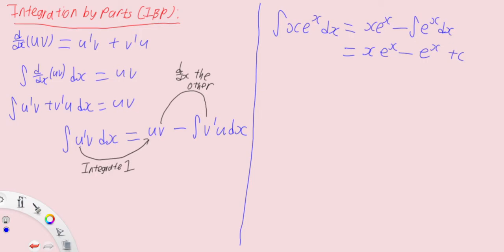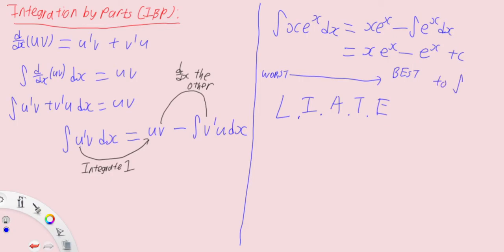Another way of seeing it, which is actually kind of my way, is this acronym called LIATE. What does this acronym stand for? Basically, it represents the worst choice to integrate to the best to integrate.